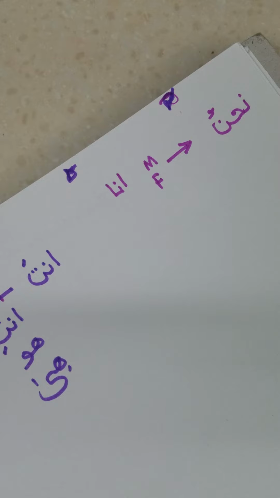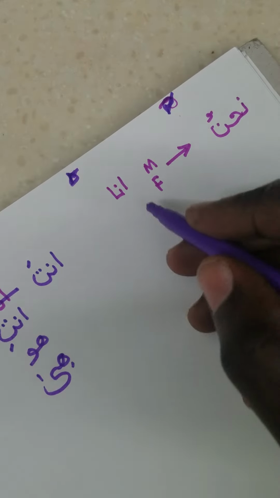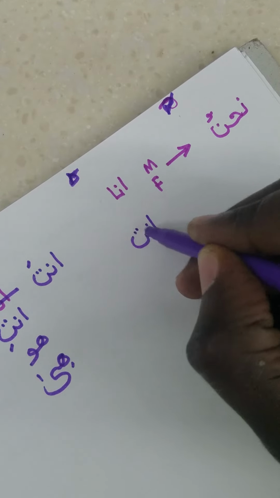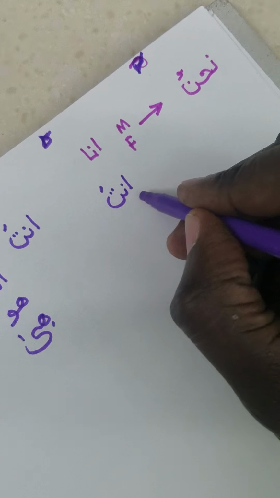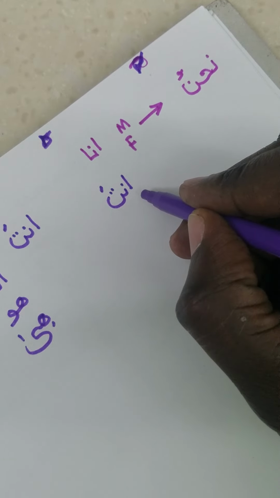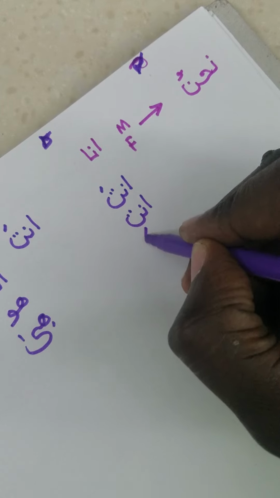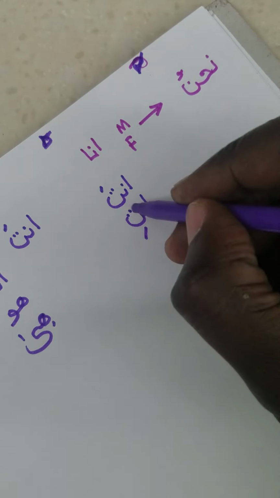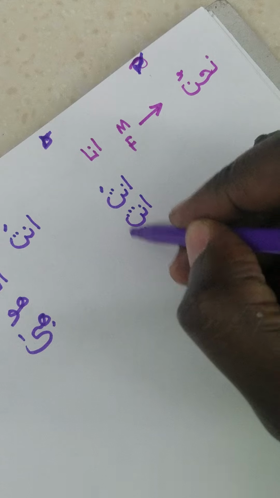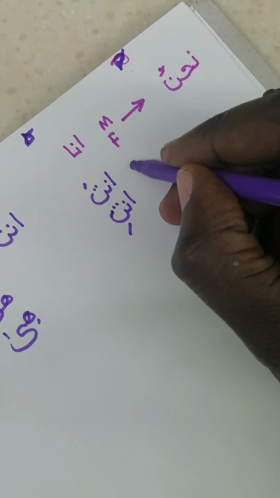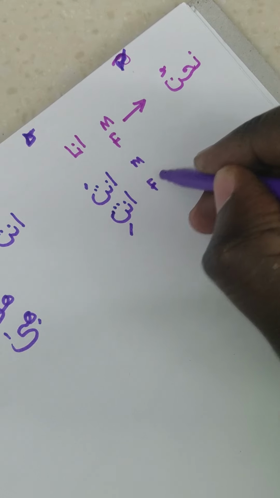For you, where you have Anta and Anti, these two, this is male, this is female.